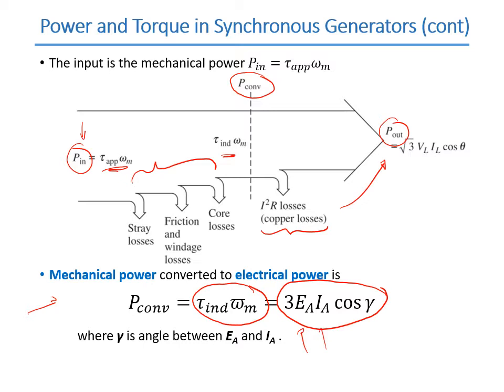So this is the induced voltage and the induced current in the armature circuit, and the power in the armature circuit is equal to the mechanical power being converted. After it's converted to electrical power, before we get to the output stage, there are other losses which we mentioned before as the copper losses. This is due to the internal resistance in the armature.